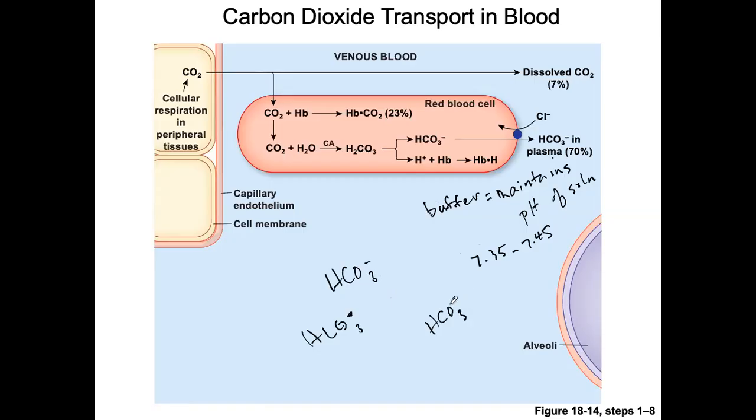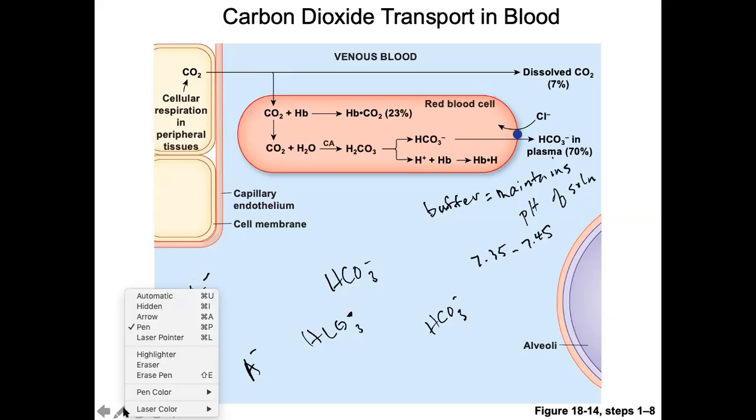How does it work? Bicarbonate, we'll draw albumins too, and I think I talked about this. Albumins are negative plasma proteins. They're big negative plasma proteins. So these both, in addition to our phosphate buffering system, let's do red.